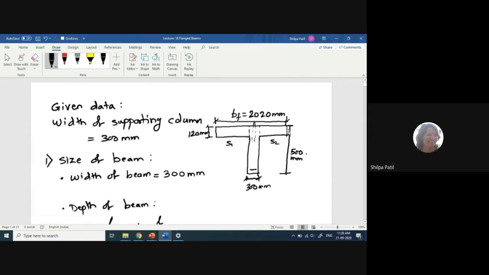This portion is the flange, and my neutral axis lies within the flange. Now, at what depth? That we don't know. So instead of assuming the Xu value, we consider directly the depth of the flange, Xu equal to 120, because instead of assuming Xu less than Df, we consider Xu equal to Df. That also indicates that our neutral axis lies within the flange.